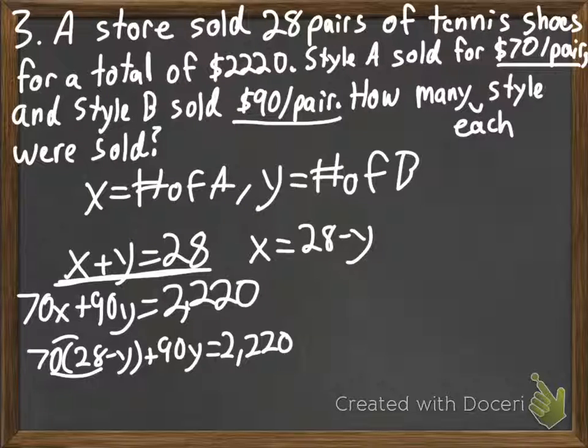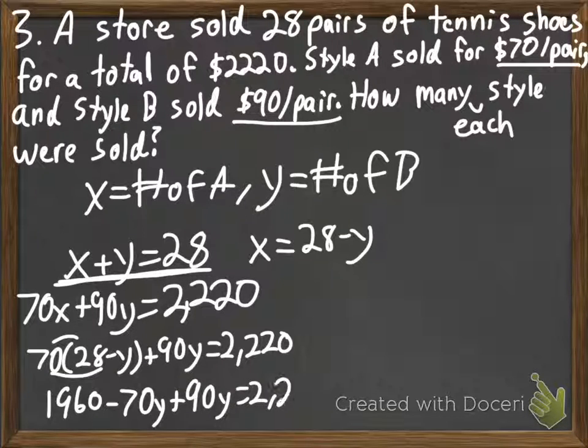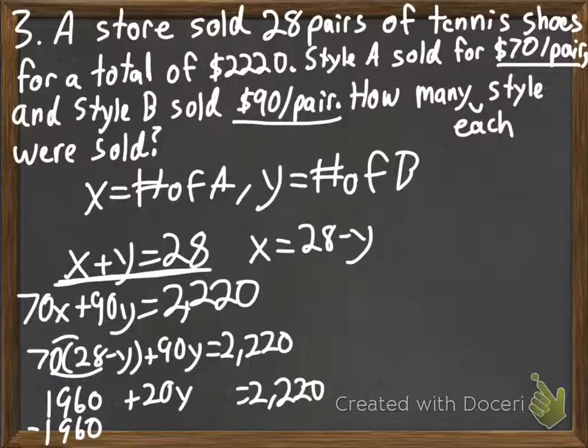70 times 28 is 1,960 minus 70y plus 90y equals our 2,220. If I combine my negative 70y and my 90y, I get a plus 20y. Then I'm going to subtract this 1,960.